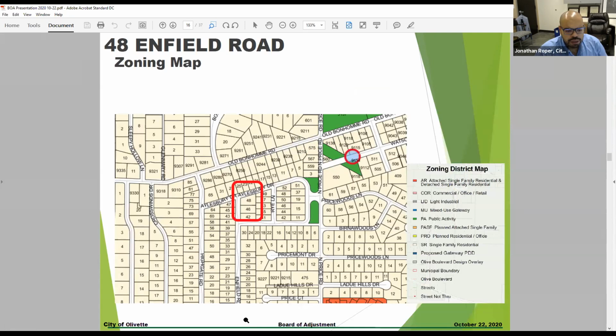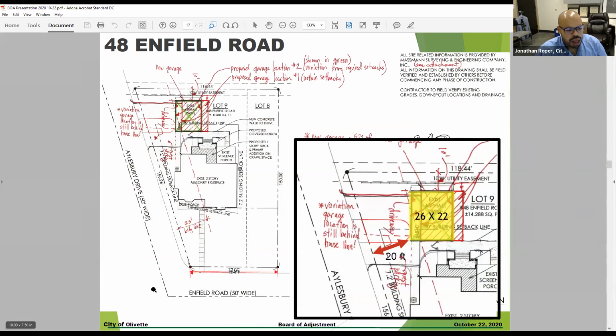The zoning map of the city of Olivet, which shows the land uses that are approved by the city. The property is zoned SR single family, along with all the properties around it as well. Next slide, please. Here's the site plan, where you can actually see Aylesbury Drive and the plans that they submitted, where they actually have the 25-foot line, which is a line going at a slant in red.